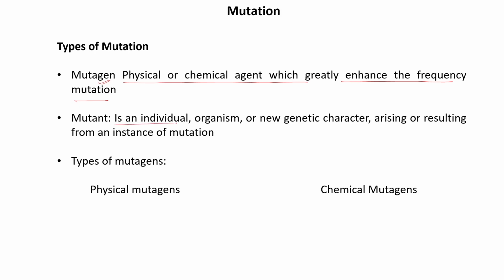It is an individual organism or a new genetic character arising or resulting from the instance of mutation. So once the organism or an individual gets mutated and it has a new genetic character, then it is said to be a mutant. And what are the agents that we are using? That can be a physical agent and a chemical agent, and that is called mutagen. So our mutagens are of two different types, physical mutagen and chemical mutagen.